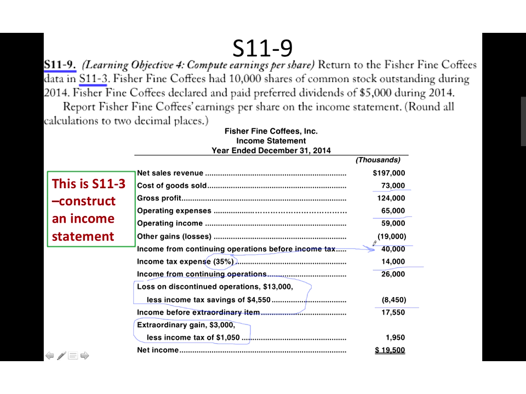Okay, so anyways, I'm not going to do short exercise 11.3, although I wanted to show where it came from. Because what we're going to do is the earnings per share. We're doing short exercise 11.9. The two are related. One's an income statement, the other one's calculated earnings per share.